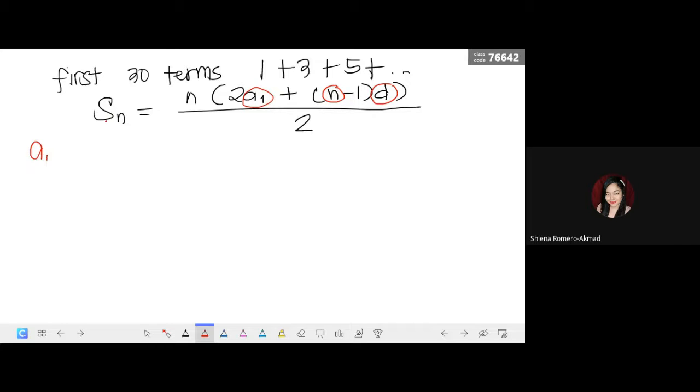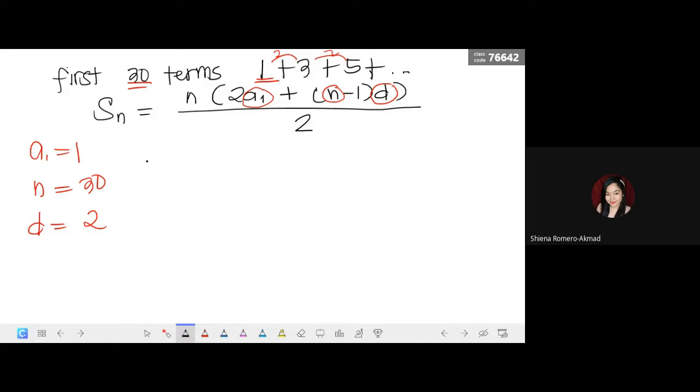So, a sub 1 is the first term, 1. N is 30. And d is yung difference. Ano ba yung difference nila? 2. Substitute lang natin yan.